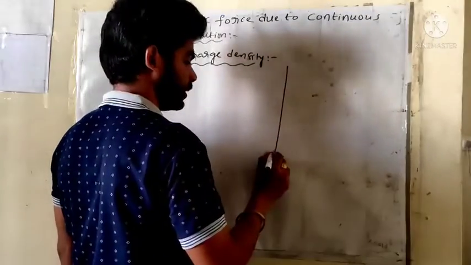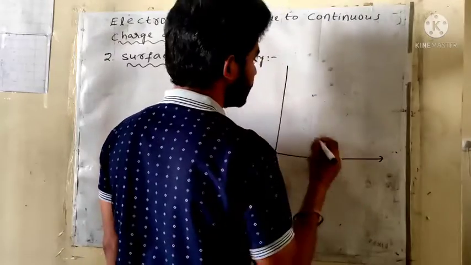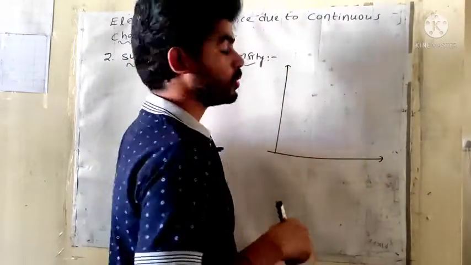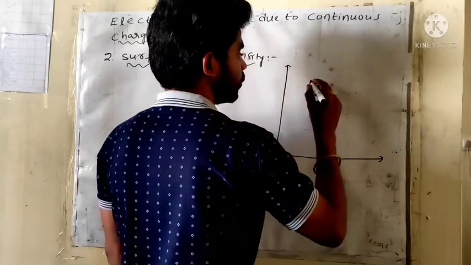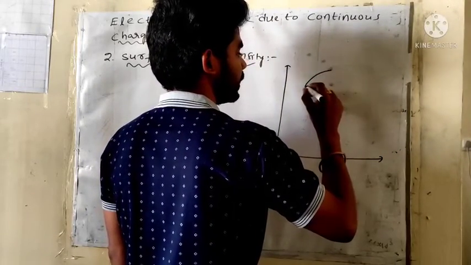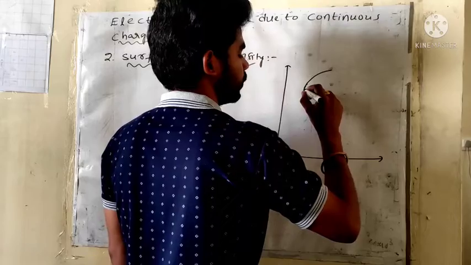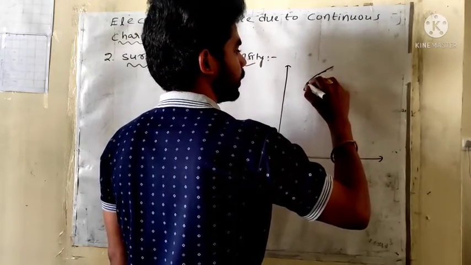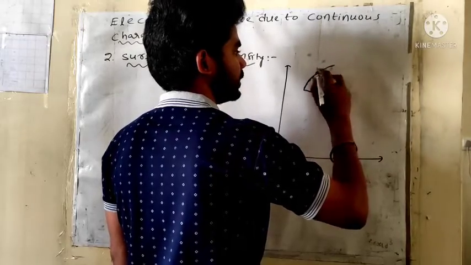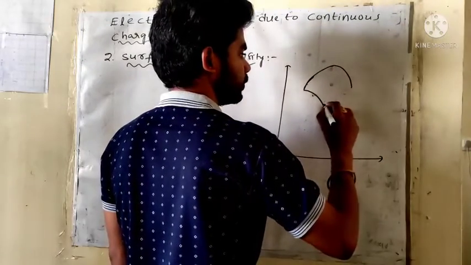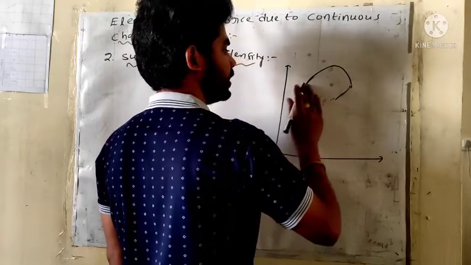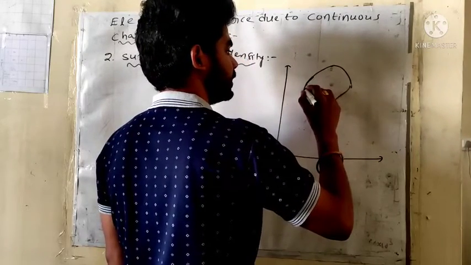Again I am taking the x and y axes. Before, the charge was distributed on one side only, now on two sides. Let us consider a plane sheet like this.